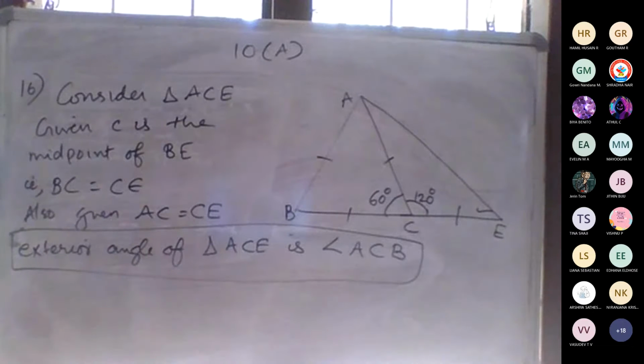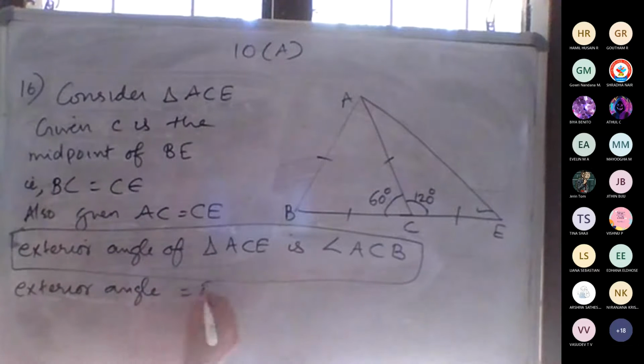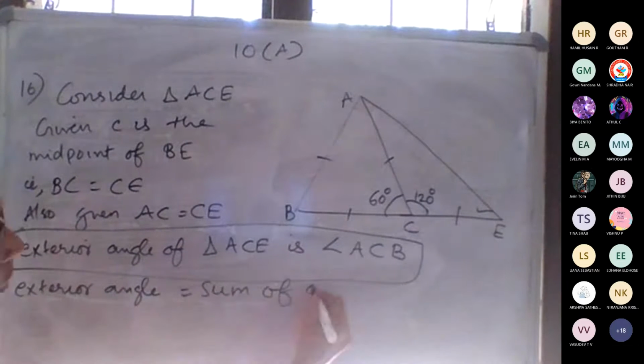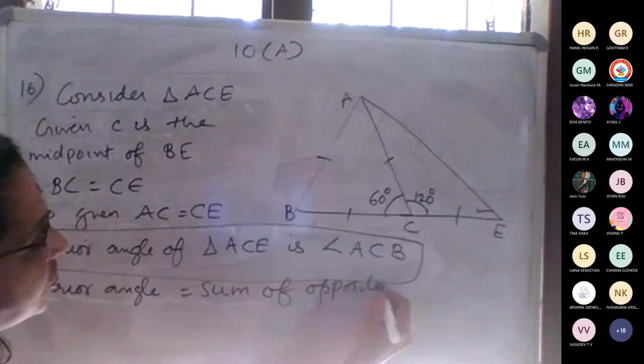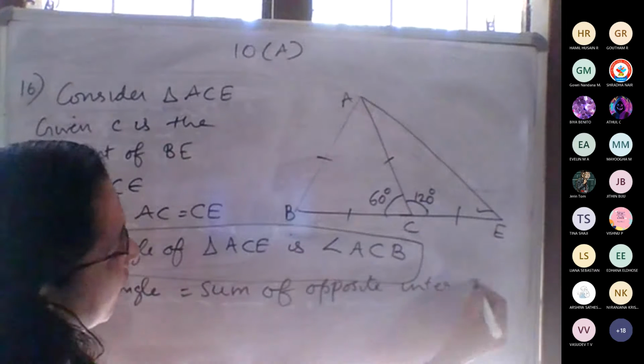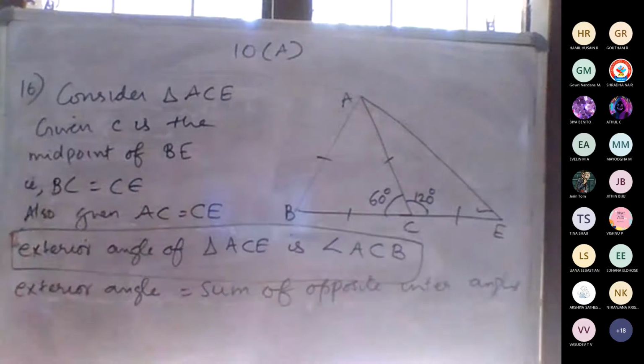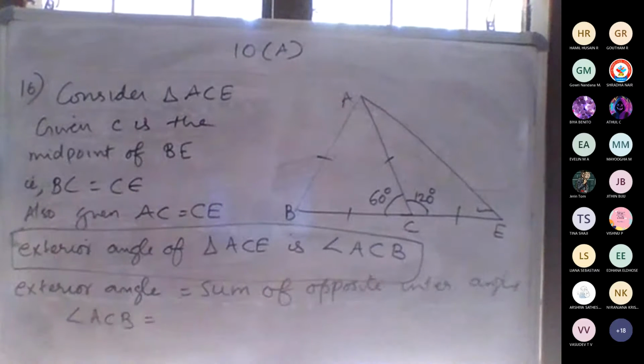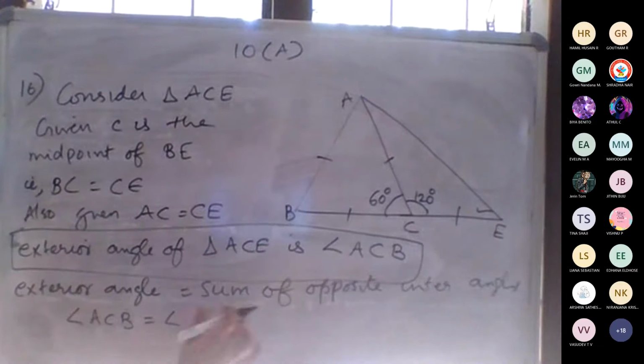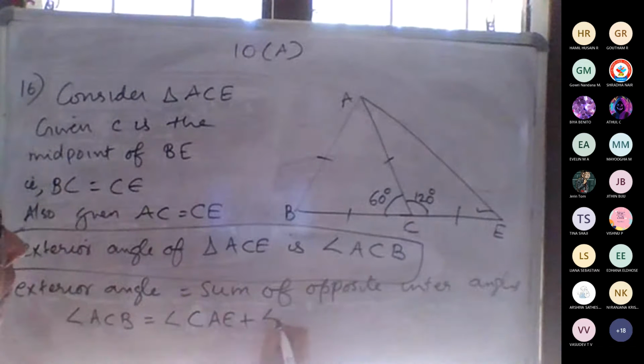This is for your knowledge only. Exterior angle is equal to the sum of opposite interior angles. That is, angle ACB is equal to the sum of opposite interior angles, angle CAE plus angle AEC.